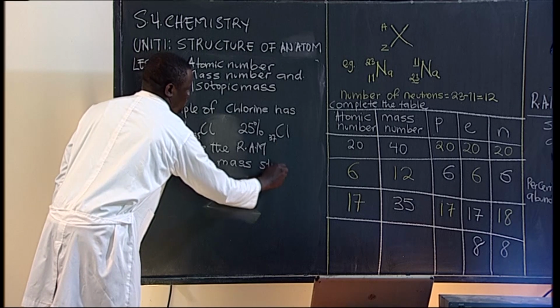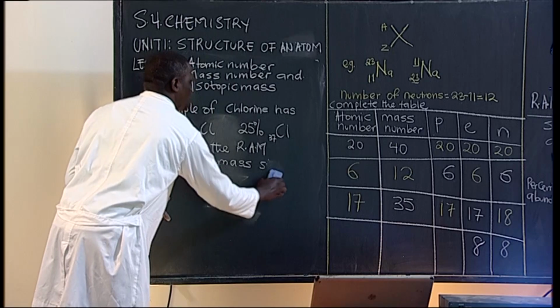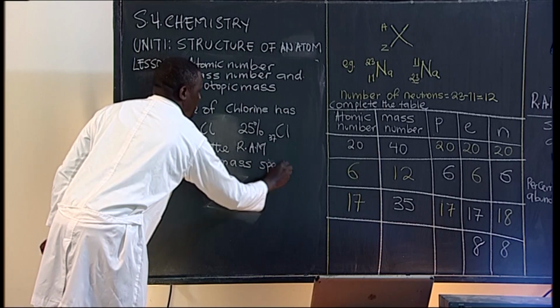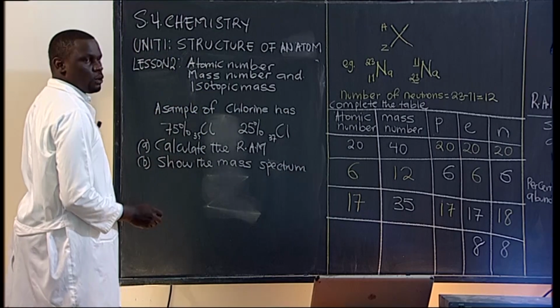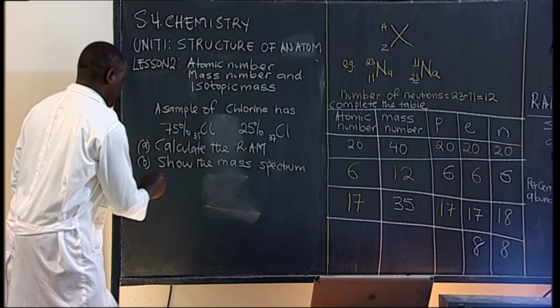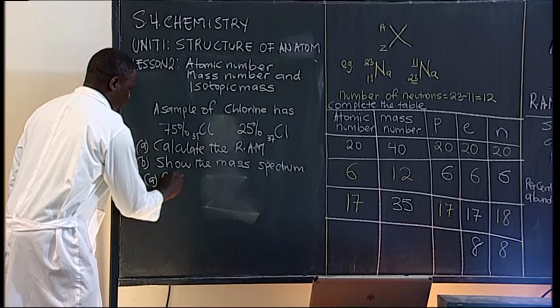So we are going to calculate very quickly. This mass spectrum comes from the mass spectrometer.